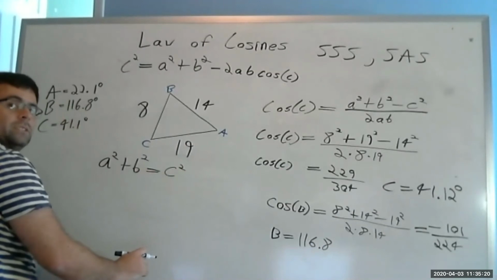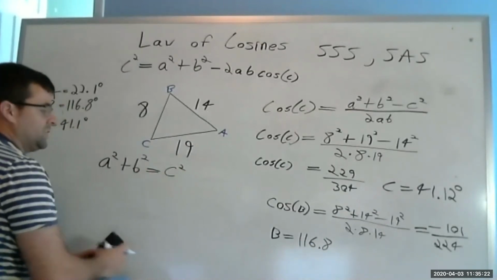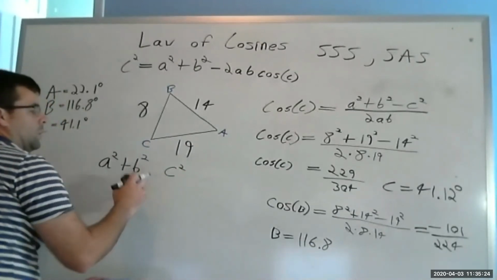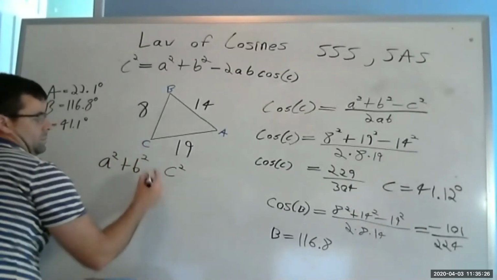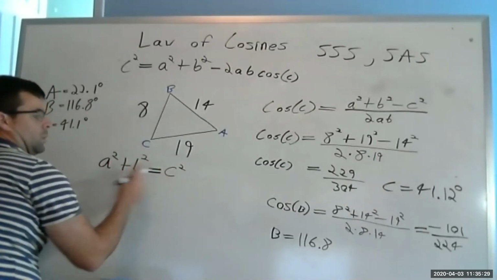So if we start with this, a squared plus b squared equals c squared, where does that come up?